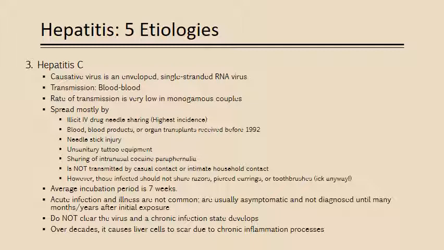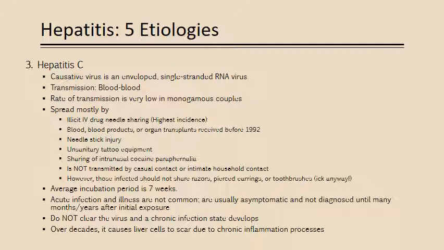So it is not sexually transmitted, unless a woman has any vaginal tears, in which case it could be. It is recommended that those who are infected do not share razors, pierced earrings, or toothbrushes, which kind of made me cringe because who does that anyway? Don't use my toothbrush.